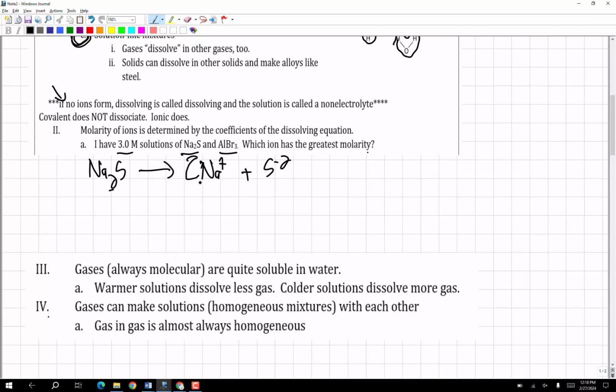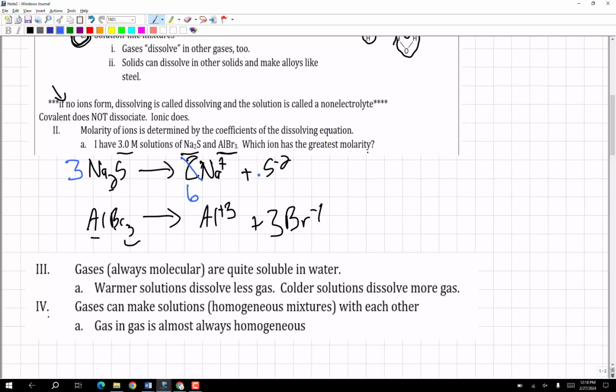And over here, I'm going to do the same thing with aluminum bromide, AlBr3. Again, it starts with a metal, so I'm going to turn it into ions. Al, periodic table says +3. Bromine, periodic table says -1, but I need a 3 here. So if I have a 3 molar solution here, this will turn into 6 molar.